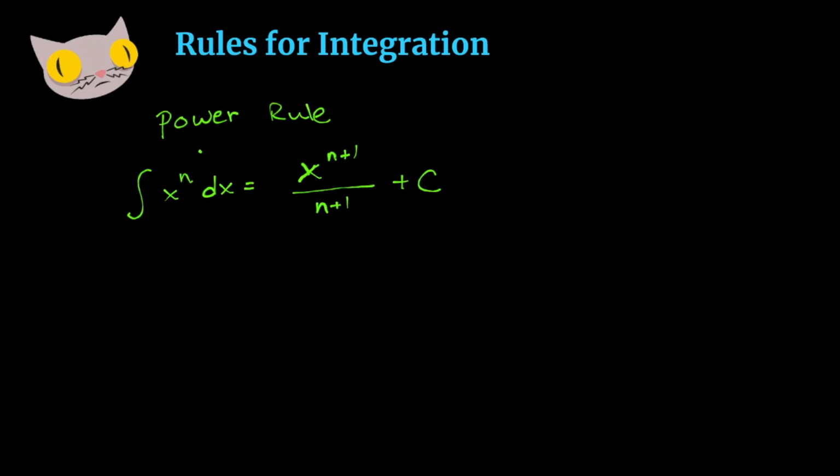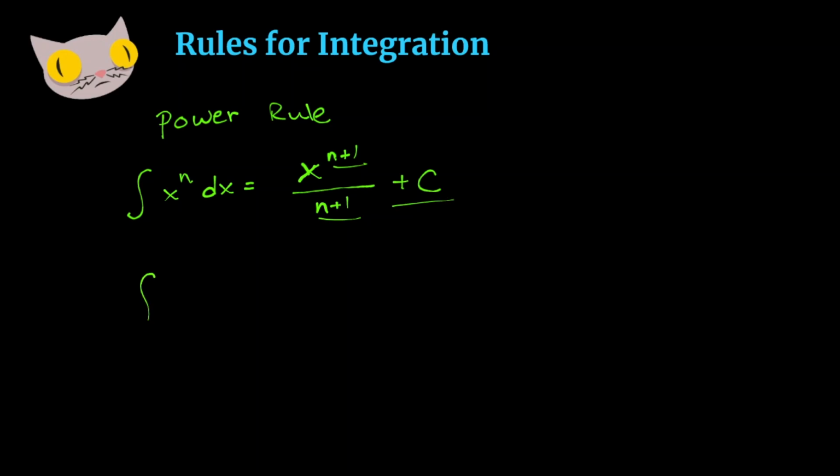So now finally let's look at the power rule. If we're trying to integrate some variable x raised to some power n with respect to x, we're going to get x, then we're going to add 1 to the exponent, and then we're going to put that number in the denominator plus c.